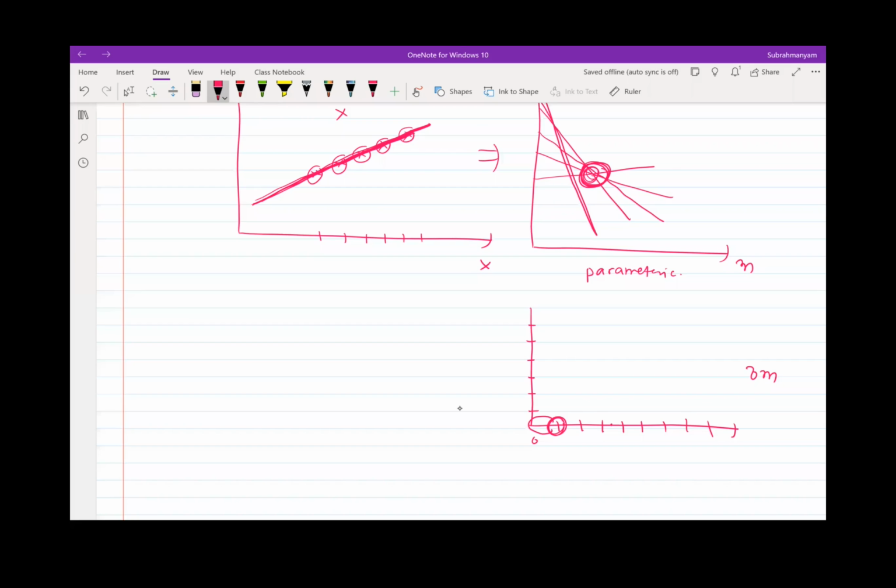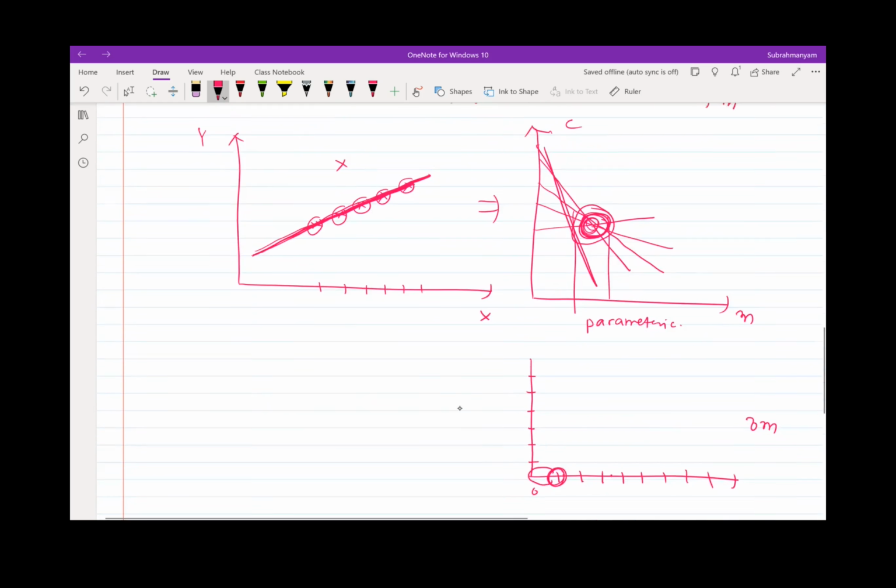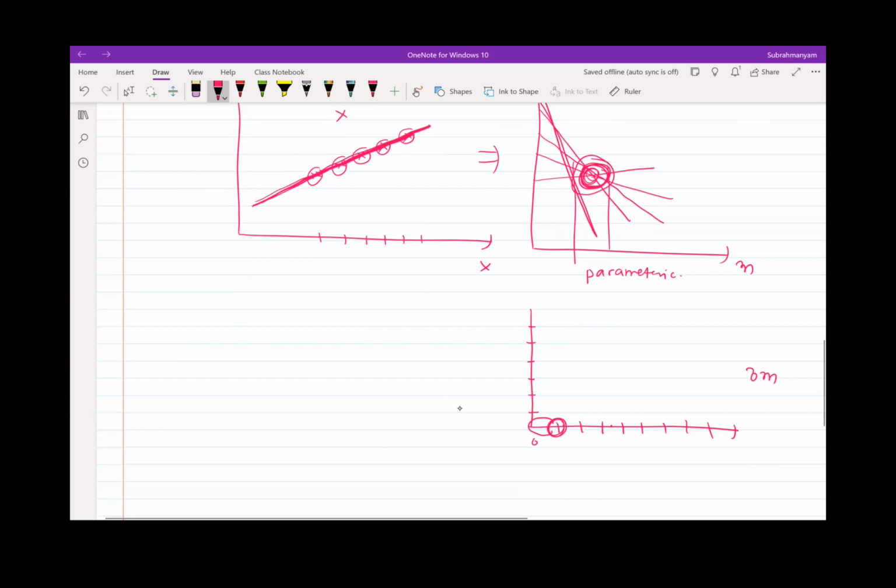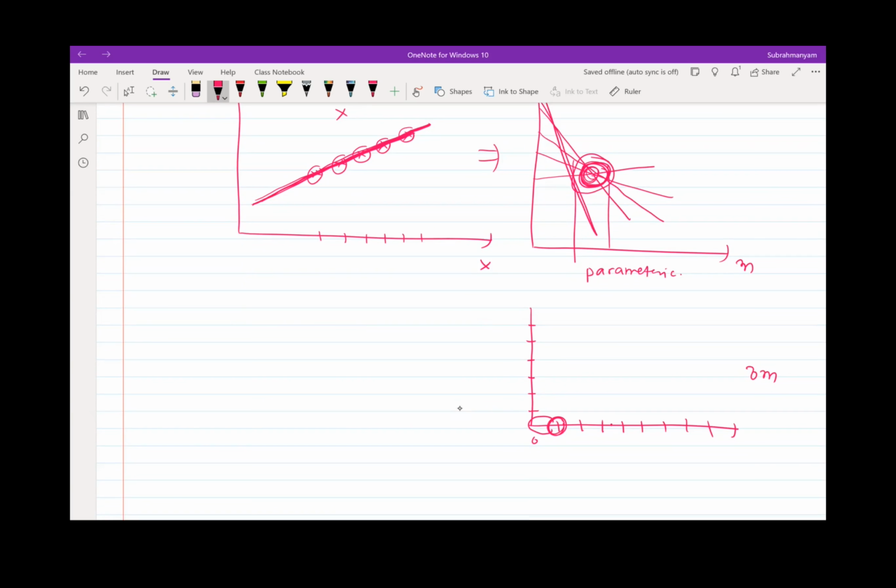The maximum number of intersections would be for this part, and that will give you this line. I will tell you the algorithm steps in more specific terms, but before that I want to make sure you got the intuition for it.